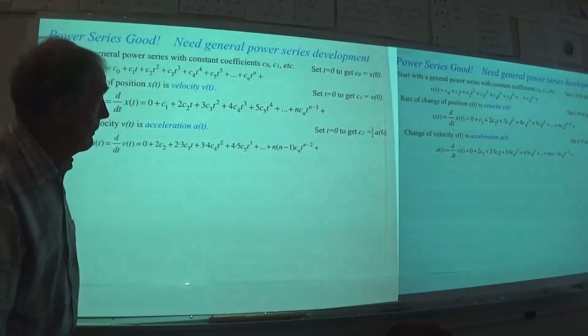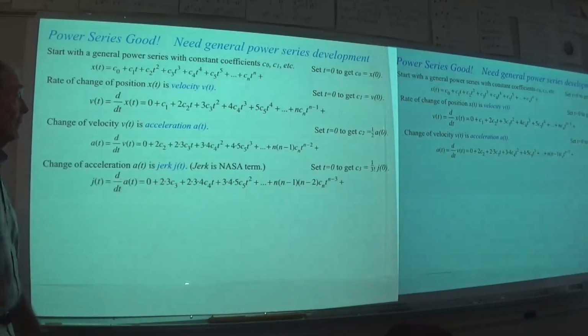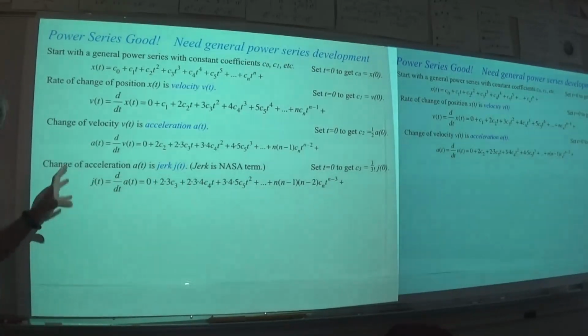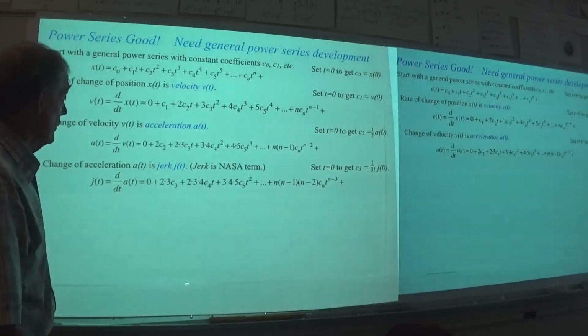And then remember, there was the third derivative, the NASA terminology for jerk, when we talked about the third derivative of the sine or the cosine or whatever.